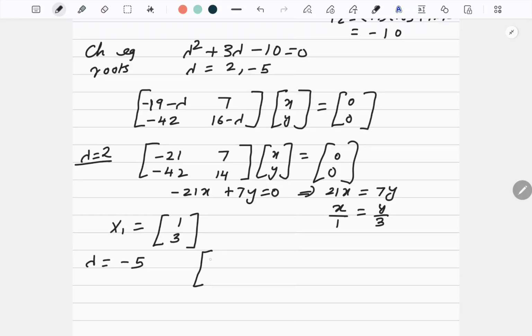Substitute the values. So minus 19, here I am putting in this. So minus 19 minus of minus 5, so basically plus 5. So it will be minus 14. Correct? 7. Then minus 42. Now 16 minus of minus 5 means 21.